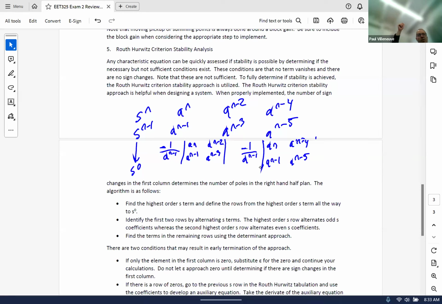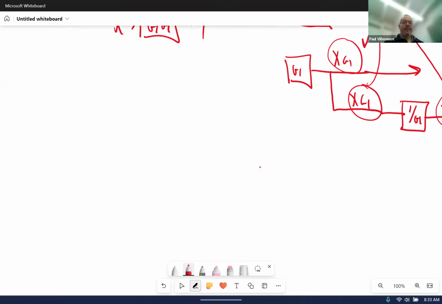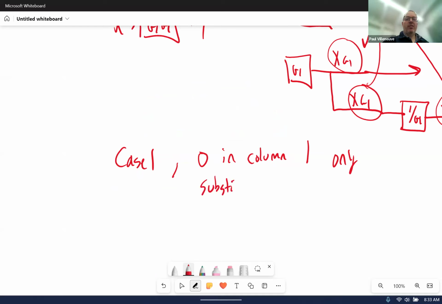We had a couple of weird cases. Case 1: we have a 0 in column 1 only. A 0 in column 1 only means you substitute epsilon (E) for the 0 and continue.